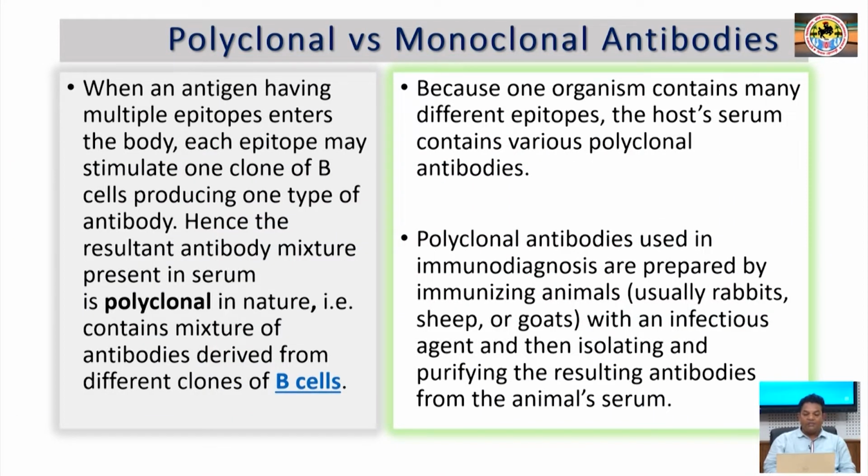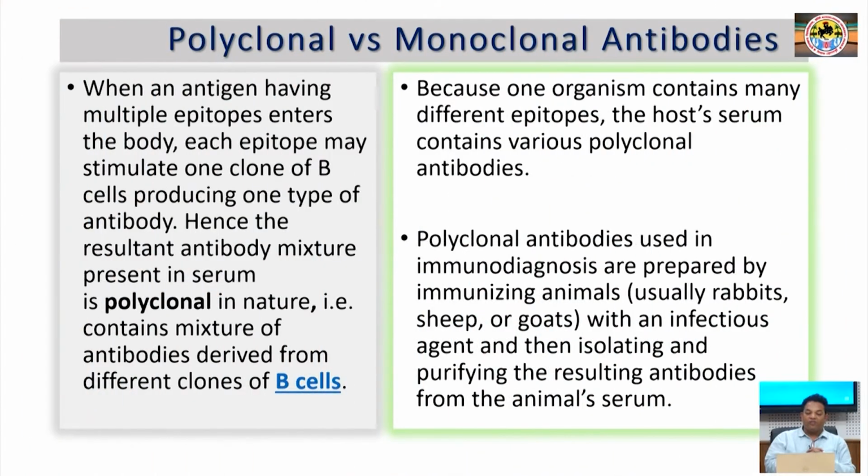Now, the resultant antibody mixture present in serum is polyclonal in nature, because if it is having one type of antibody, it is called monoclonal. So, here the various types of epitopes are available at the site of the antigen, and as per that our B cells respond.